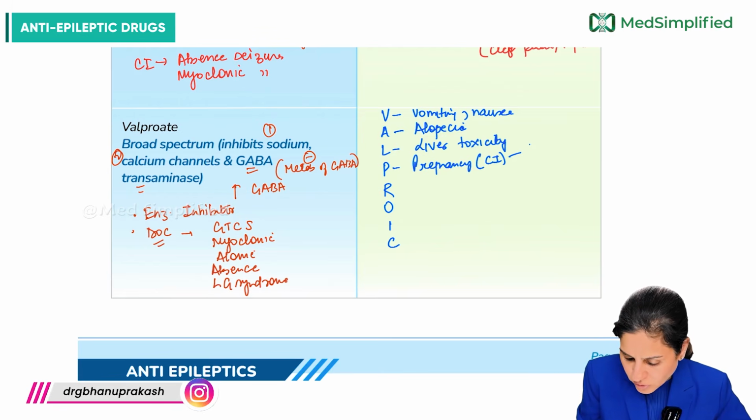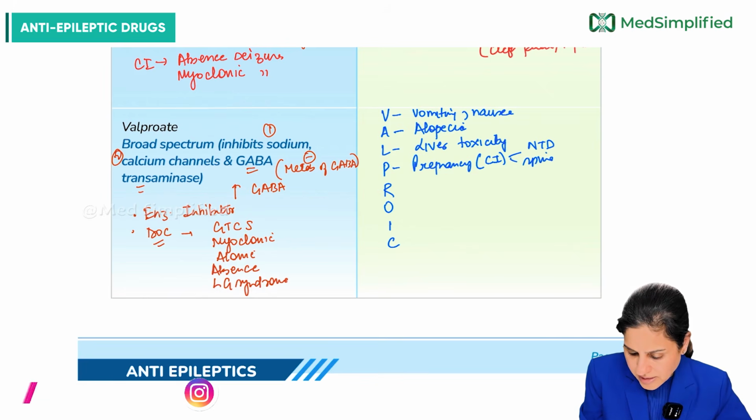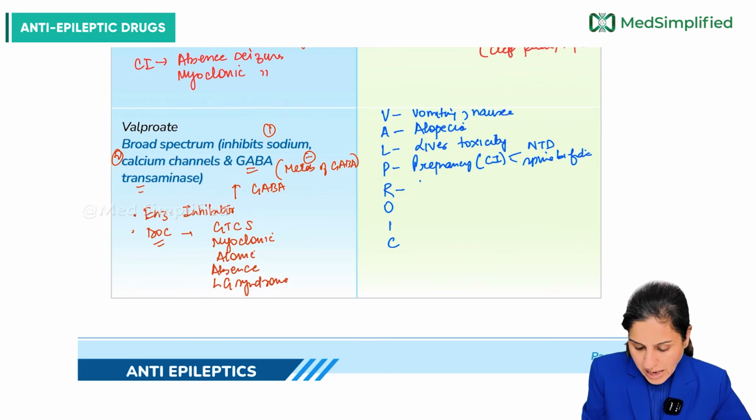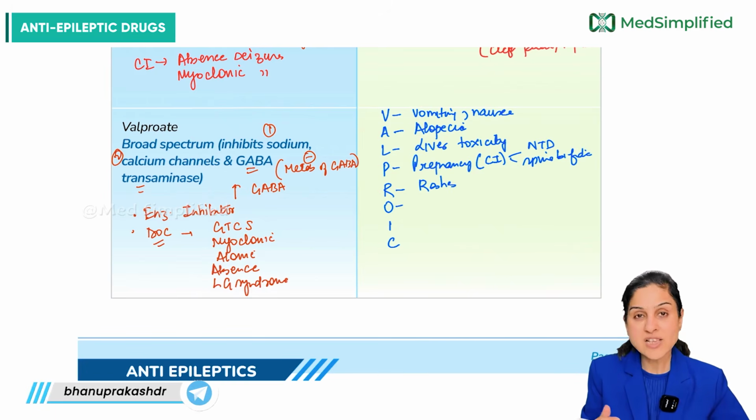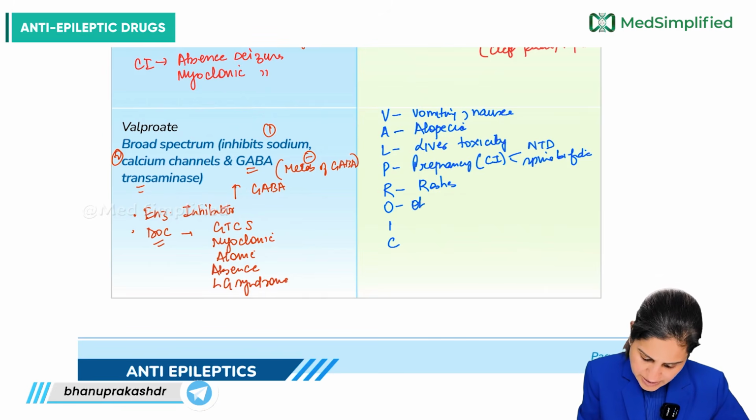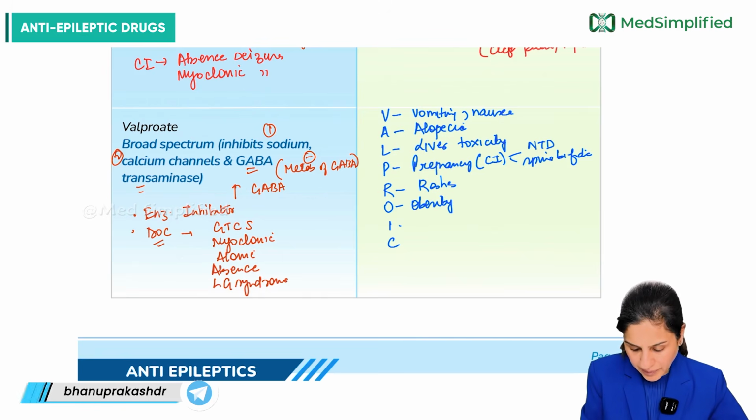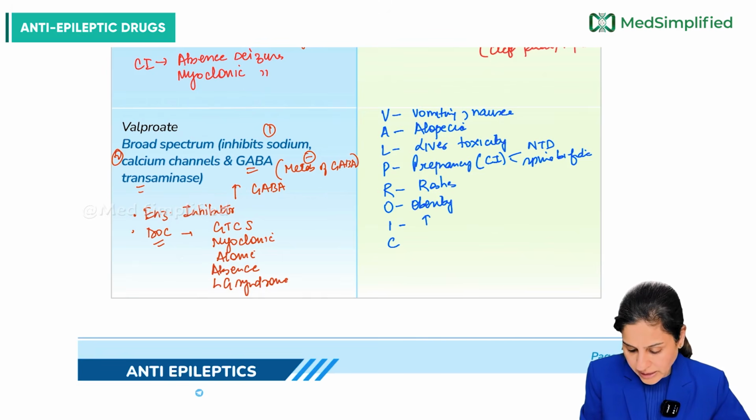So what does it lead to? It can lead to neural tube defects and spina bifida. R stands for rashes. O stands for obesity, so there is an increase in weight seen with this particular drug. I stands for increase in the tremors.